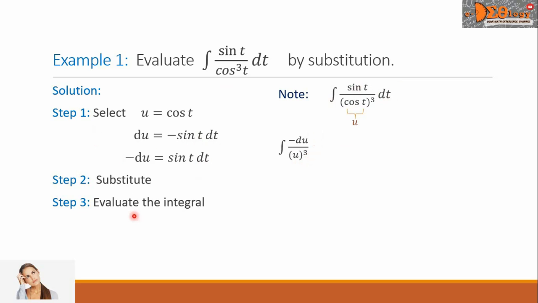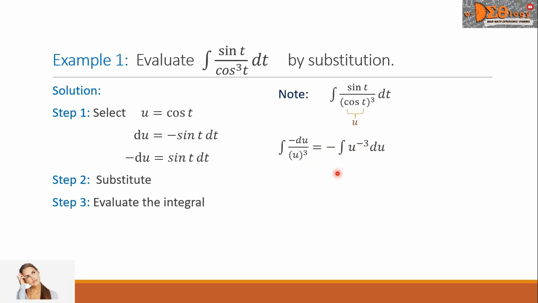Step 3, let us evaluate now the integral. First, let us move the negative sign outside the integral. Also, let us show this u cube in the numerator with a negative exponent. So we have now negative integral of u raised to negative 3 du.